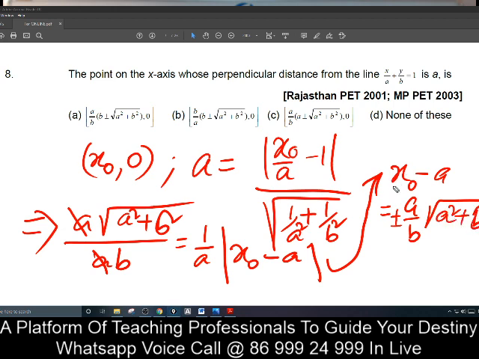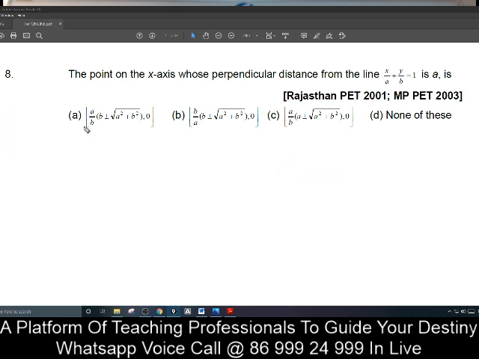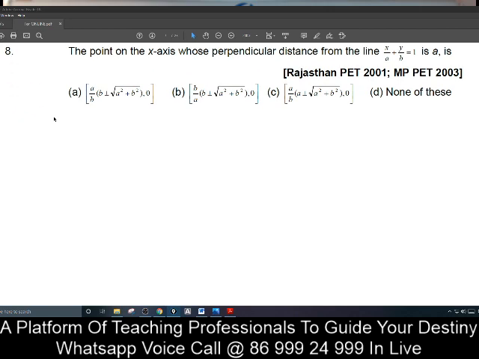So x naught is a plus or minus a by b into root over a square plus b square. Option C please. Option C. I hope you understand that. Next question.